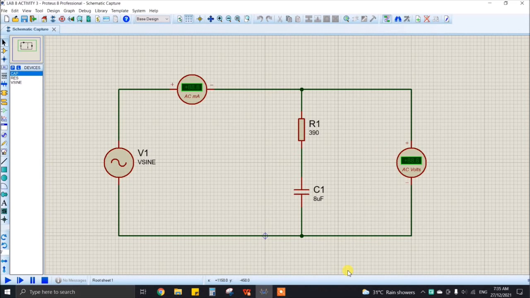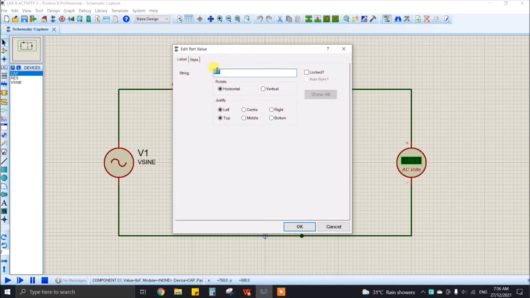This is the circuit that we have simulated using Proteus software for this activity 3. As you can see, this is a series circuit with a resistive and a capacitive load. The AC voltmeter is connected in parallel with the RC load, and the ammeter is connected in series in this circuit. The resistance value has been set to 390 ohm, and the capacitor value is set to 2 microfarad.